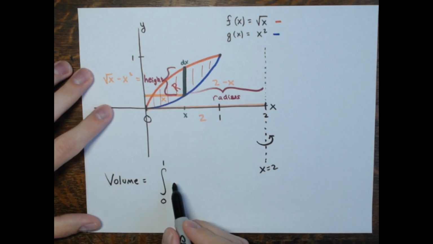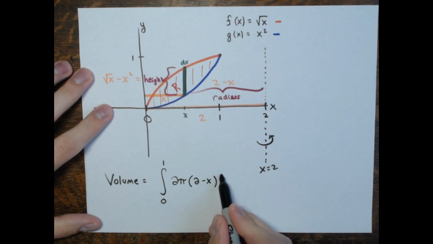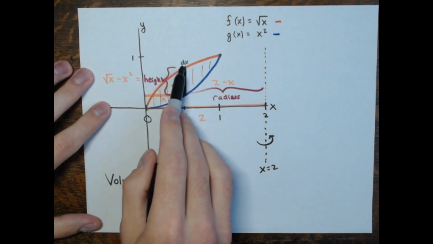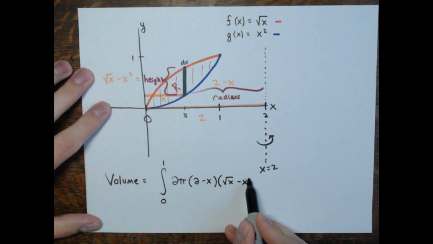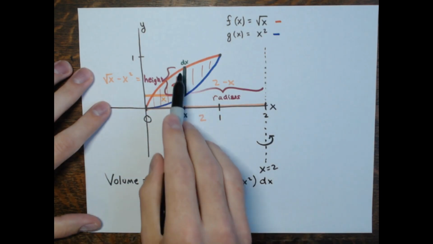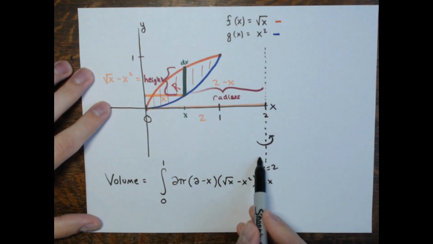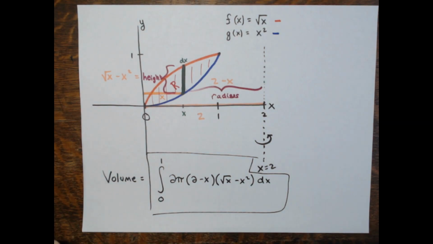And remember, the volume of a shell is the circumference of the shell, so 2 pi times our radius, which in terms of x was 2 minus x, times the height of the shell, the height of the rectangle, square root of x minus x squared, and then times the thickness of the shell, which is the dx here, the thickness of the rectangle. And this is all they're asking us for. Just set up the integral that would yield the volume of the three-dimensional shape.